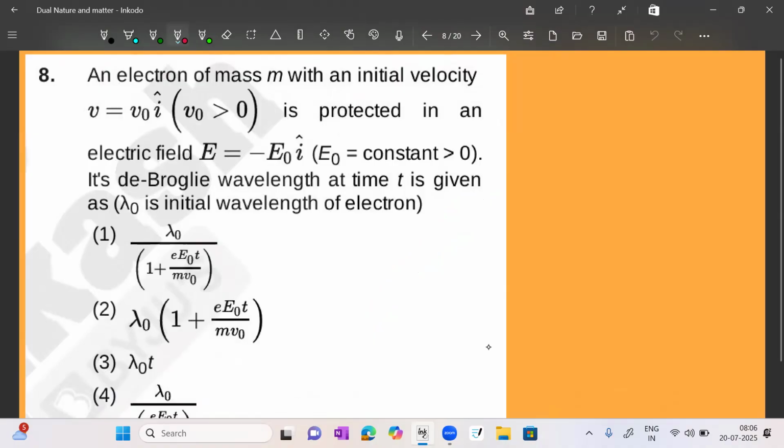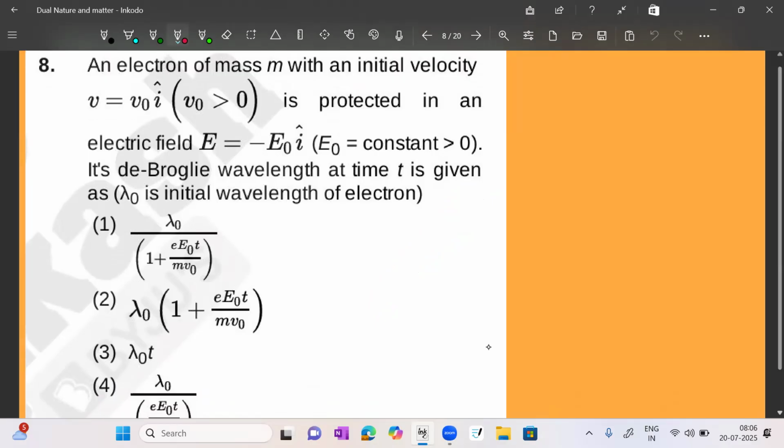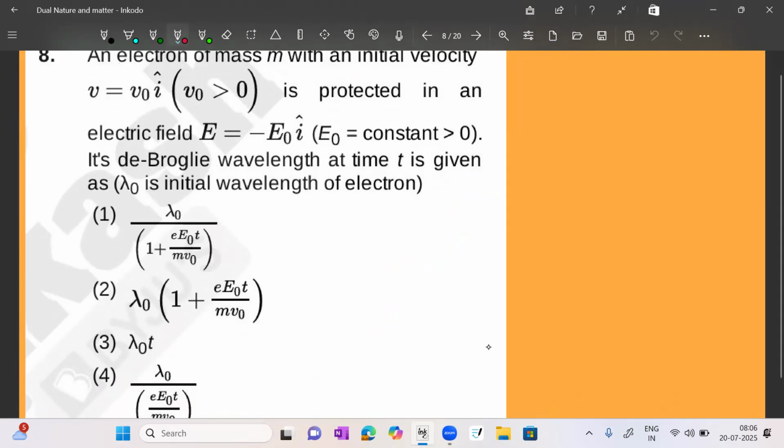Next is the 8th problem. Given here, the initial velocity v is equal to v naught. An electron is projected into the electric field E naught. Now they ask what is the de Broglie wavelength. Suppose the initial de Broglie wavelength is lambda naught equals h by m v naught.